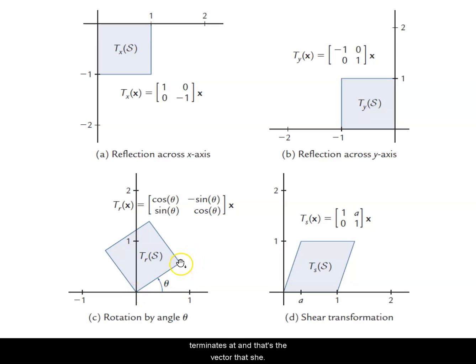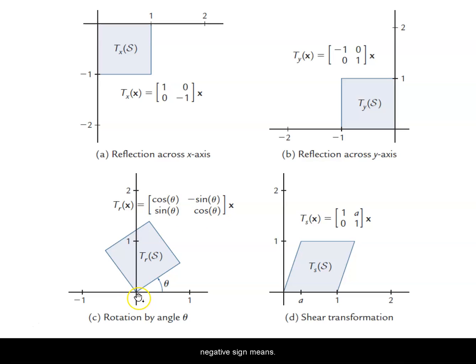So that's where it terminates at, and that's the vector that you get. What was 0, 1 now turns into a negative sine. So negative sine means that you go down, right? And then you have your cosine, which tells you how much you're going to go over. But obviously these values are going to be opposite.